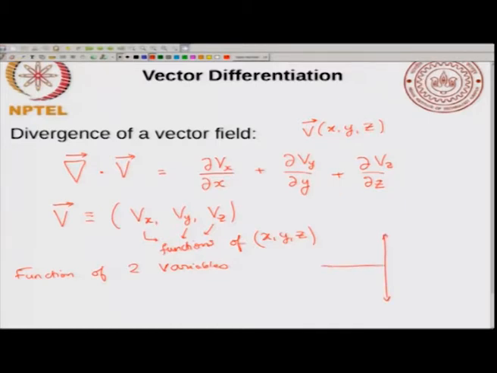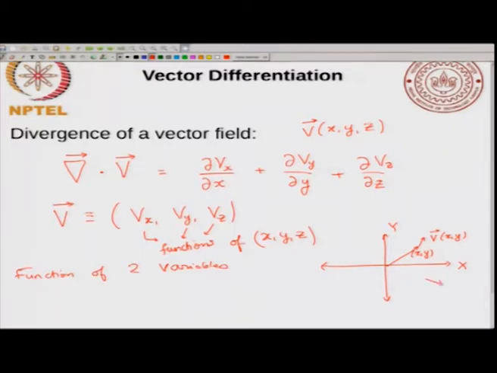You have x and y, and what the vector field says is that at any point here you have a vector. This is my V, at this point x y, you have a vector V of x y.